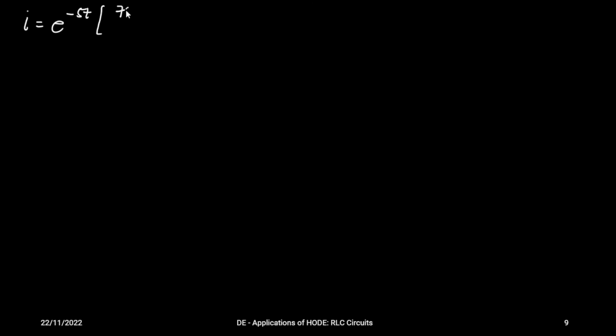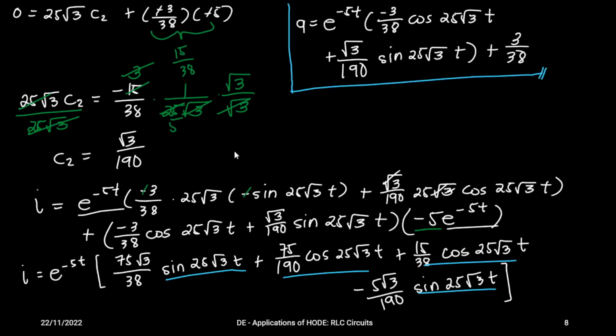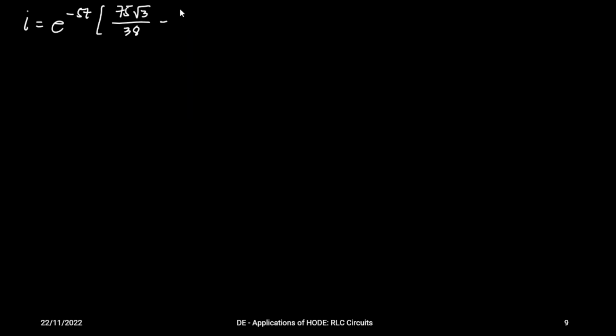Minus, that is 5 square root of 3 over 190. Okay, so this is sine 25 square root of 3t. Okay, then we have plus.